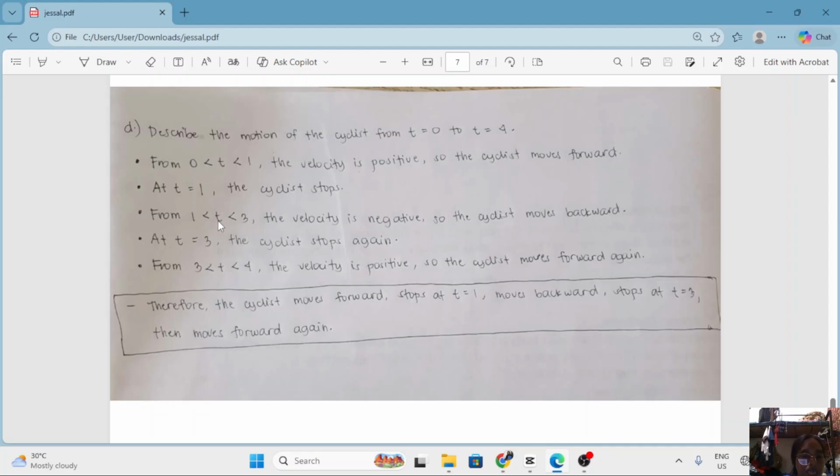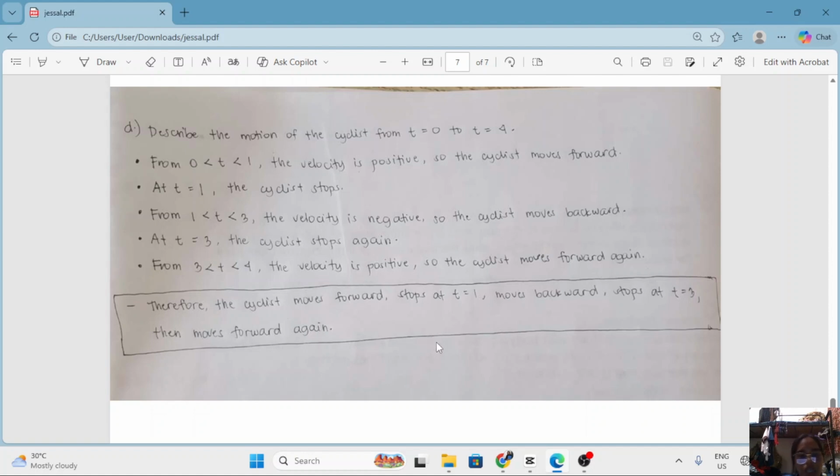From t greater than 1 but less than 3, the velocity is negative, so the cyclist moves backward. At t equal to 3, the cyclist stops again. From t greater than 3 but less than 4, the velocity is positive, so the cyclist moves forward again.